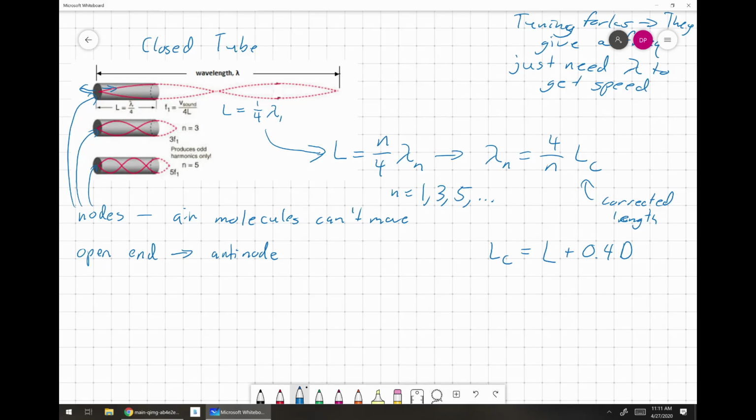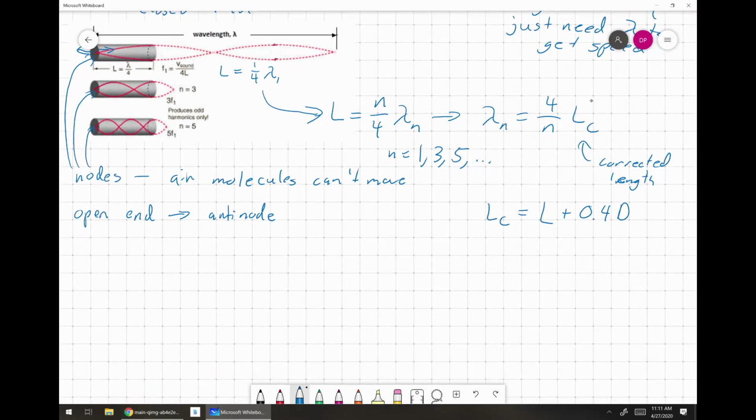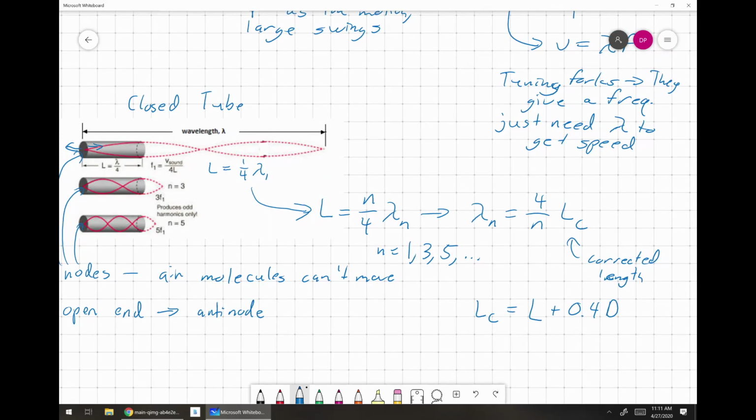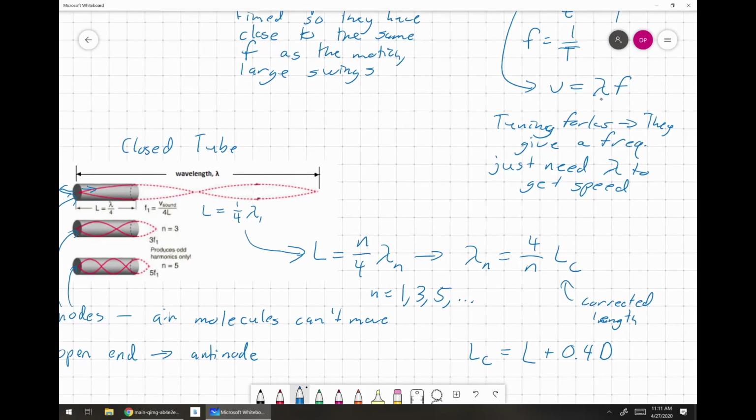This has to do with the specific nature of these kinds of sound waves. So we have to take whatever length we measure and add 0.4 times the diameter. Then we can plug that into our equation here and get a wavelength. And if we have a wavelength and a frequency, then we can determine the speed by our equation up here.